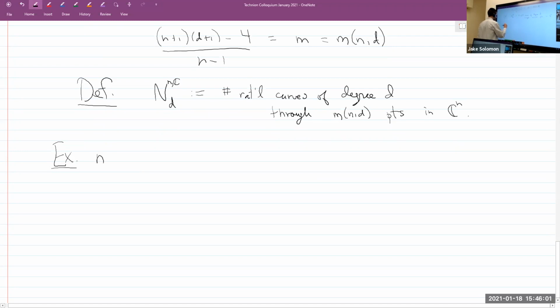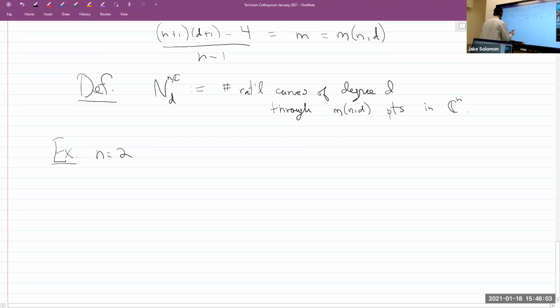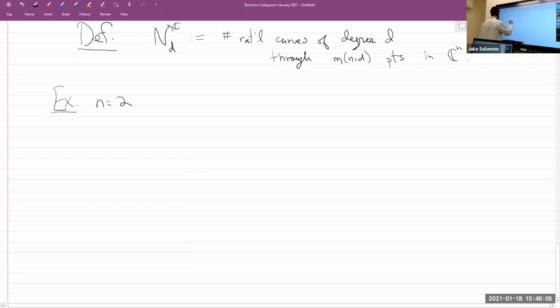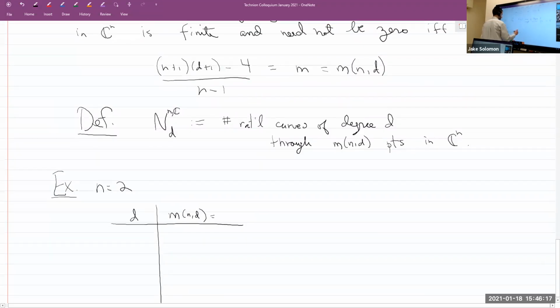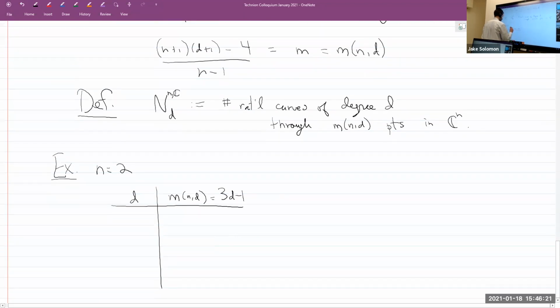So let's do an example. This is going to be the example of n equals 2, and this example has a long history. So let's do d versus m of n,d, which by just substituting in this formula above is 3d minus 1. Whoops, I should have said this: m of n,d is equal to 3d minus 1.